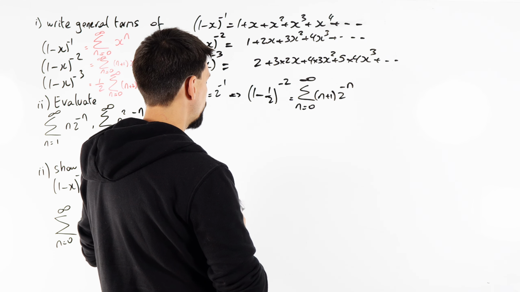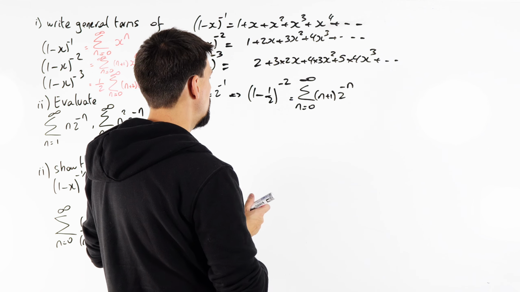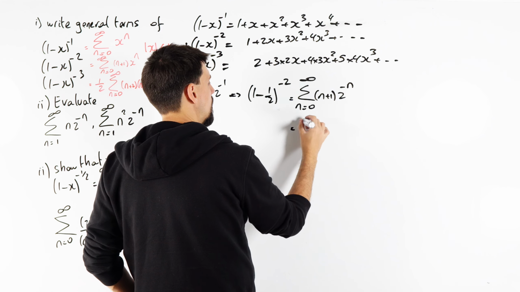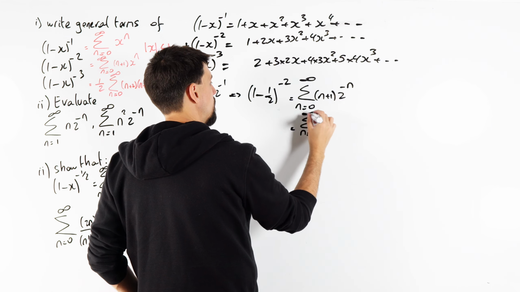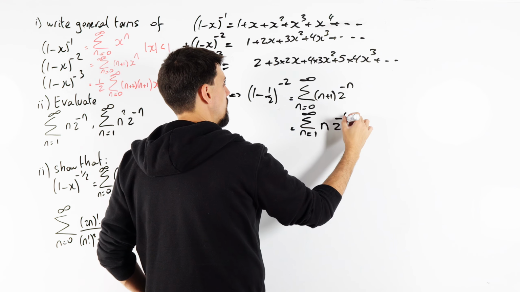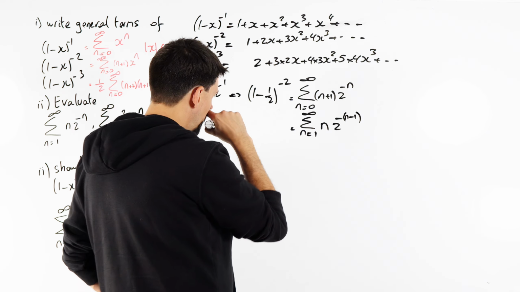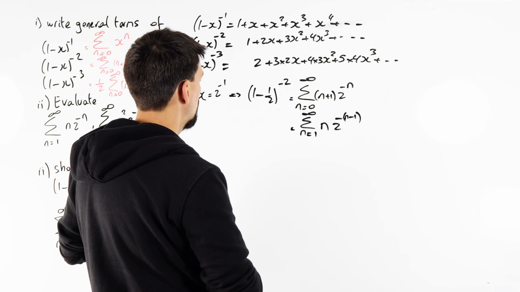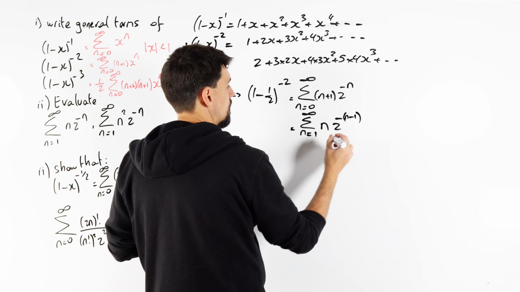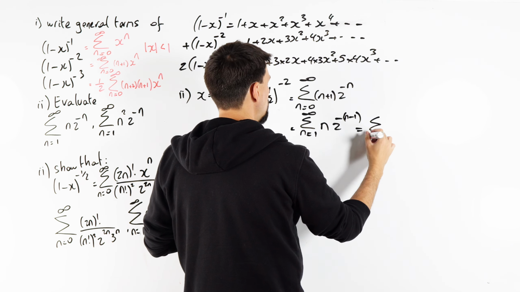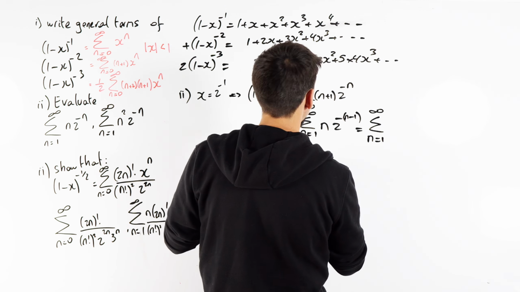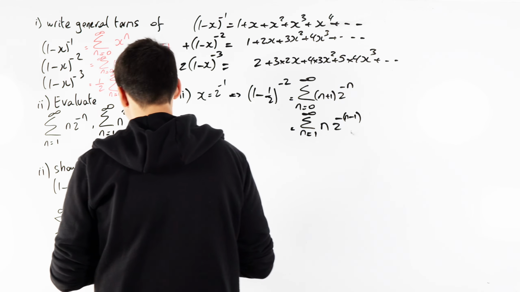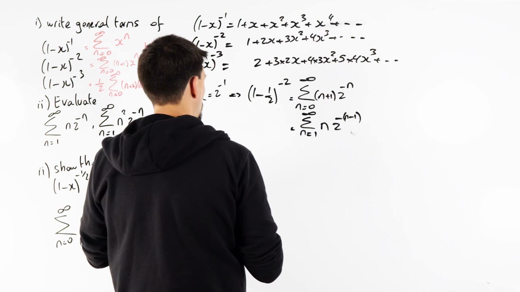So we're going to take the version where we go from 1 to infinity, n 2 to the minus n plus 1, n minus 1. What we'll do is we'll do our derivation, I'll plop it over here, and then we'll go from there.